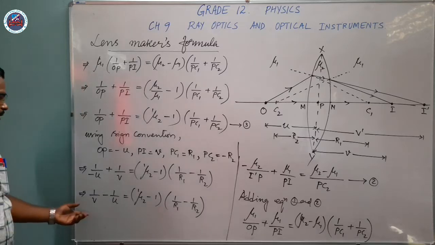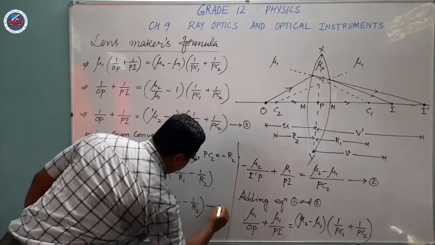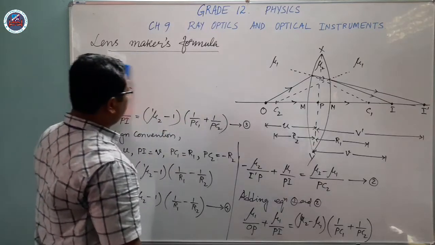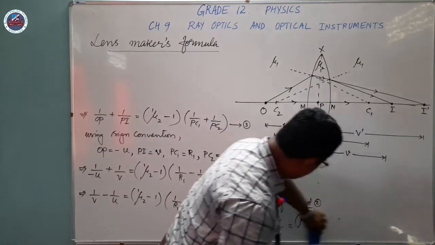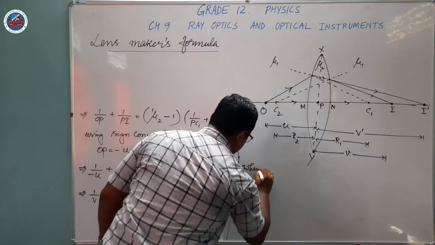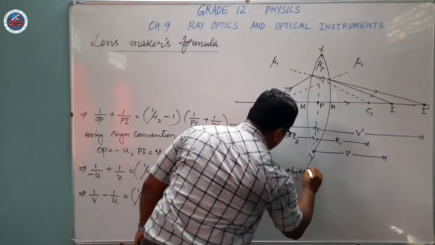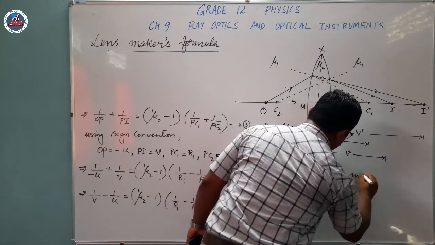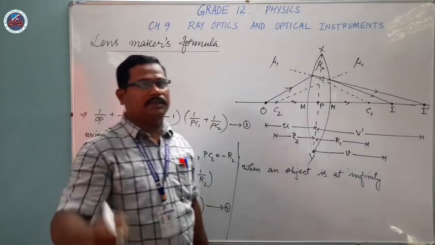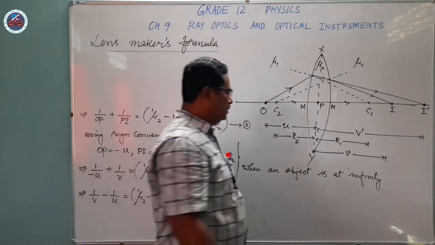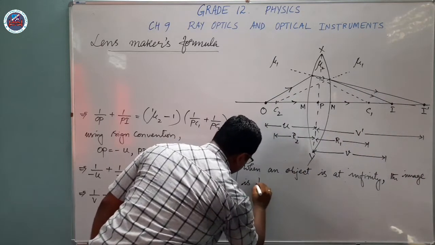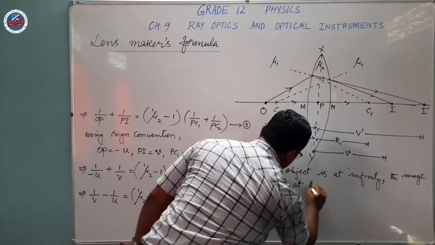Let us mark this as equation number 4. Now, one assumption we will make: when an object is at infinity in a convex lens, we know that when the object is kept at infinity, the image is always formed at the focus.